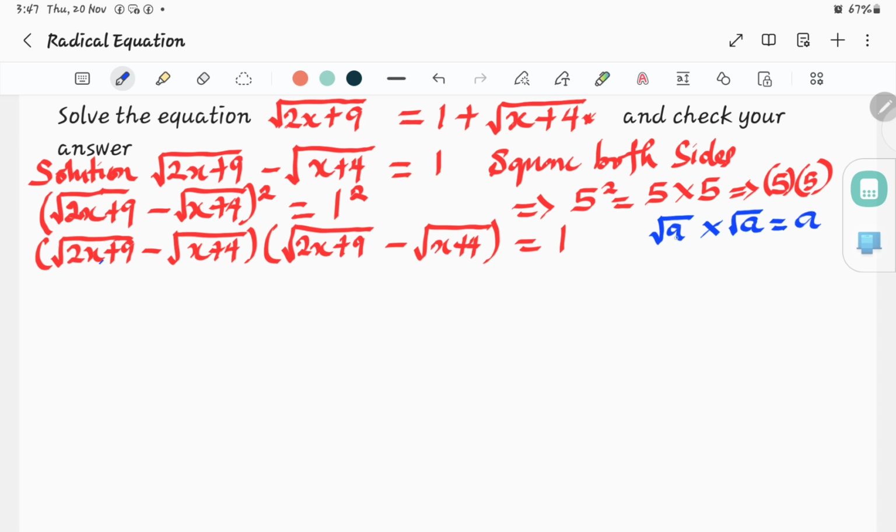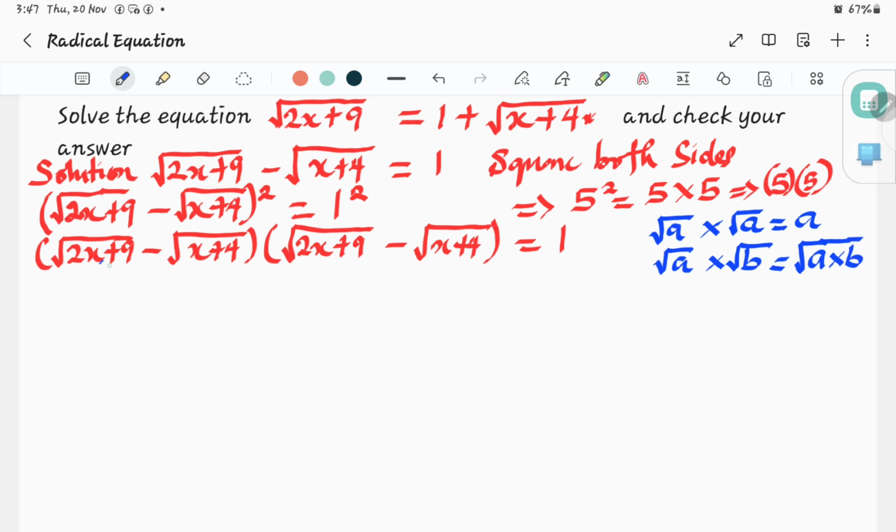Anytime you have the same radicand, that is what is inside the square root, the rule states that you just pick the radicand and you'll be okay. But if we have different radicands, the law is that you multiply what is in the radicands. So a is going to multiply b.